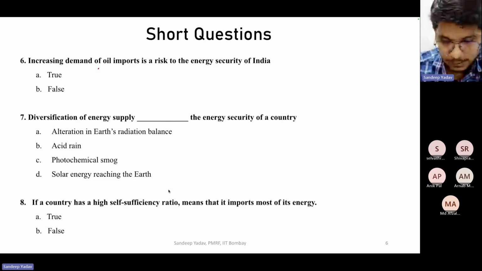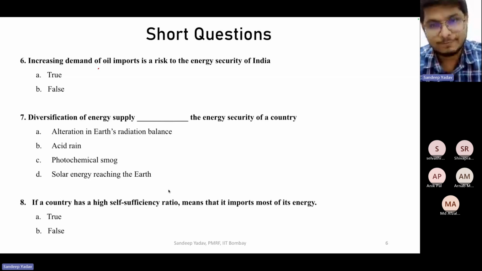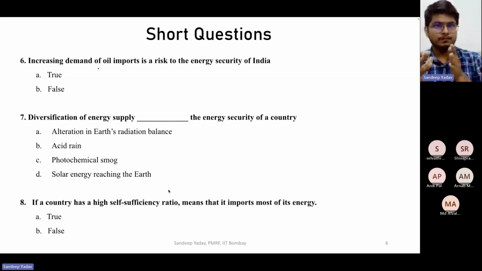Increasing the demand of oil import is a risk to energy security of India. Why? Because if you are importing any of the energy supply from any other country, then we are dependent on that. That means our energy security will, what factor will be affected? The sovereignty, robustness and resilience.